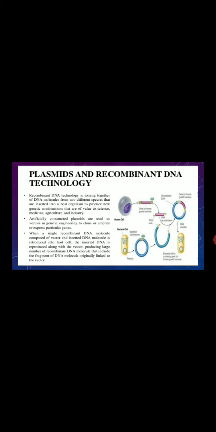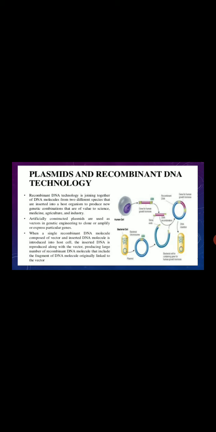Plasmid and recombinant DNA technology. Recombinant DNA technology is the joining together of DNA molecules from different species that are inserted into a host organism to produce a new genetic combination that is of value to science, medicine, agriculture and industry.